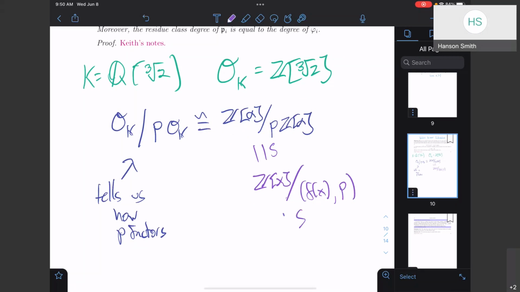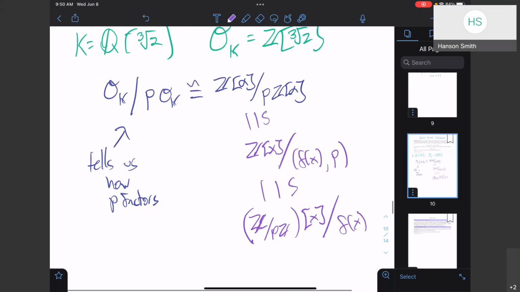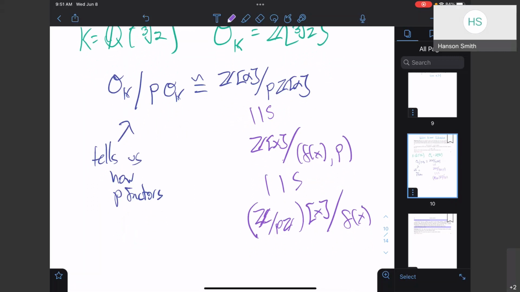So this is Z mod pZ adjoined x modulo f of x. And in the same vein, we can kind of believe that the ring structure of that tells me how f of x factors, right?